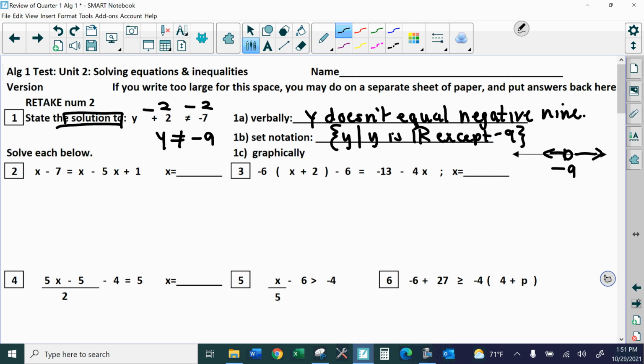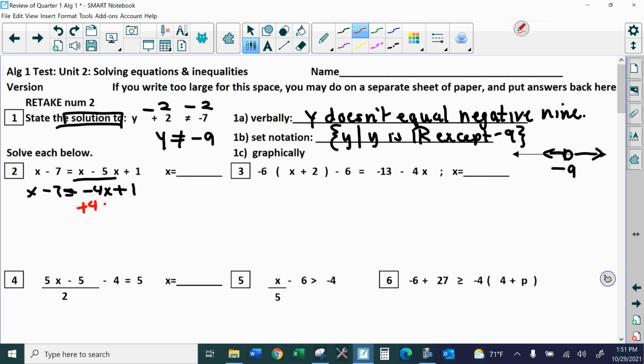Number 2 now, solve for x. Remember, we combine like terms or distributive property. In this case, we have combining like terms right there. So you have x minus 7 equals negative 4x plus 1. I now ask myself, what side should I bring the variables to? Always the smaller to the larger. Negative 4 is less than 1, so we're going to add. Remember, we're going to move an entire term across.